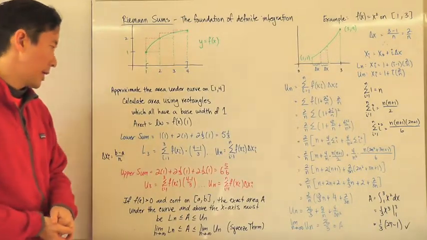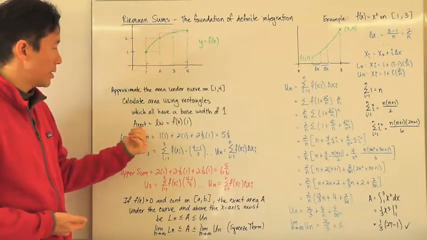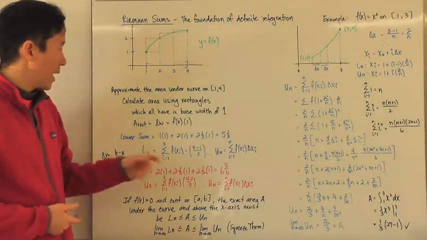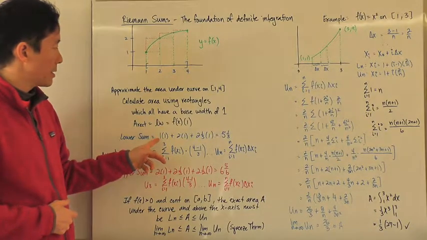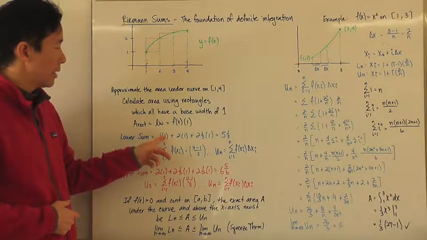Now, how do we determine what that approximate area would be? Again, we just use the formula for the area of a rectangle. This is the value of the function, or the height of the rectangle, and this is the base width.